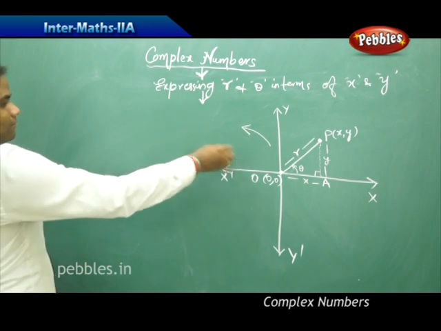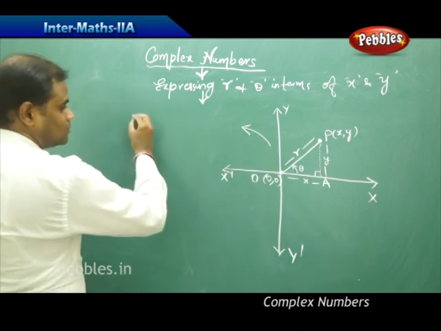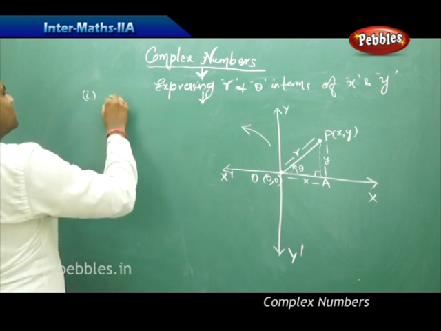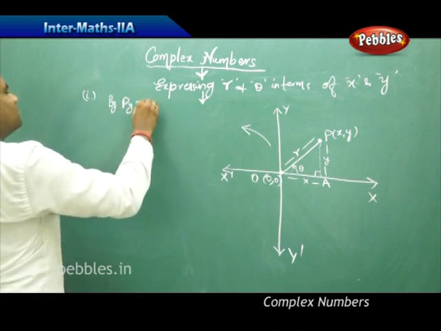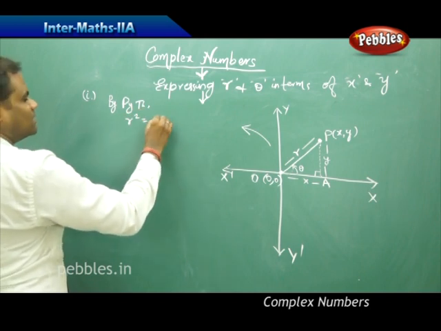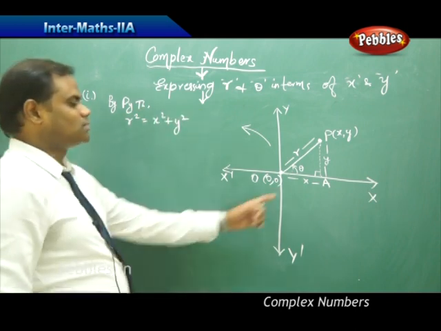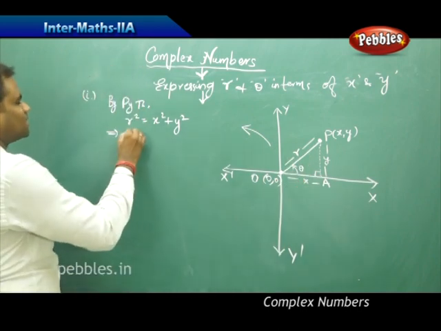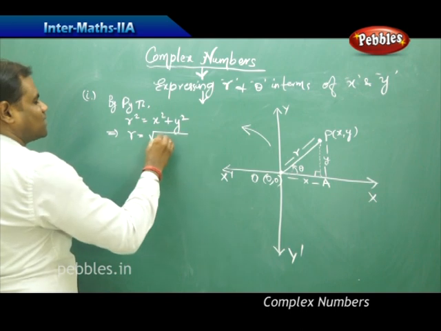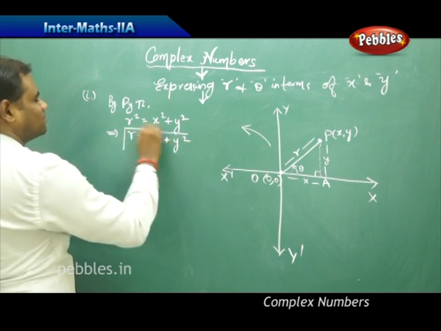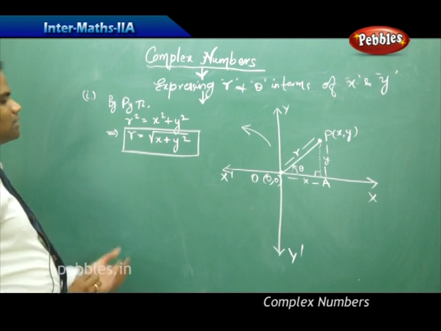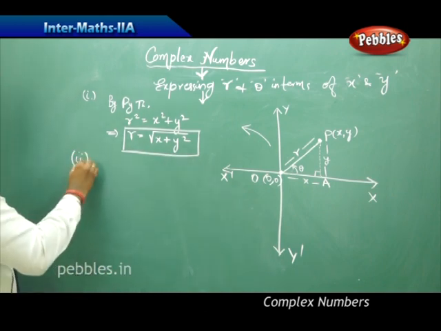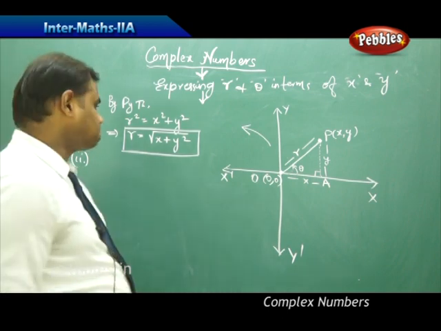We have already seen for r that by Pythagoras theorem, r square is x square plus y square, that is, r is the root of x square plus y square, which is how I express r in terms of x and y. Similarly, let's see how theta can be expressed in x and y.